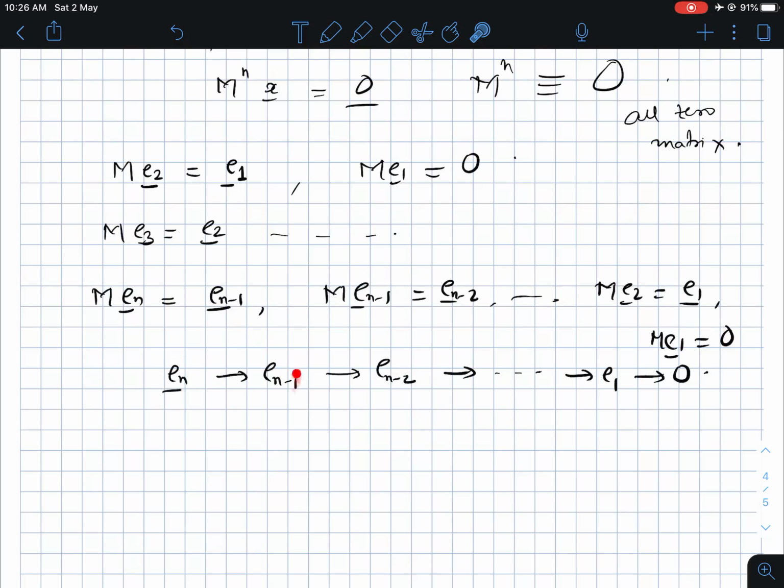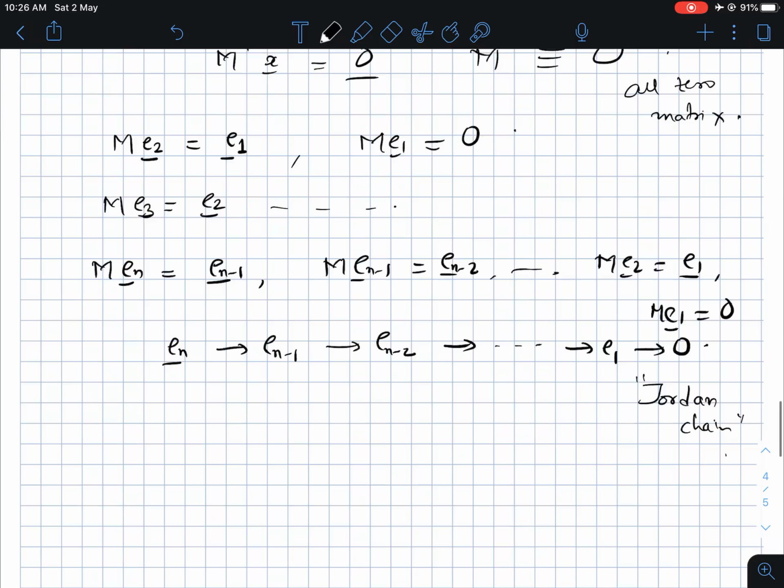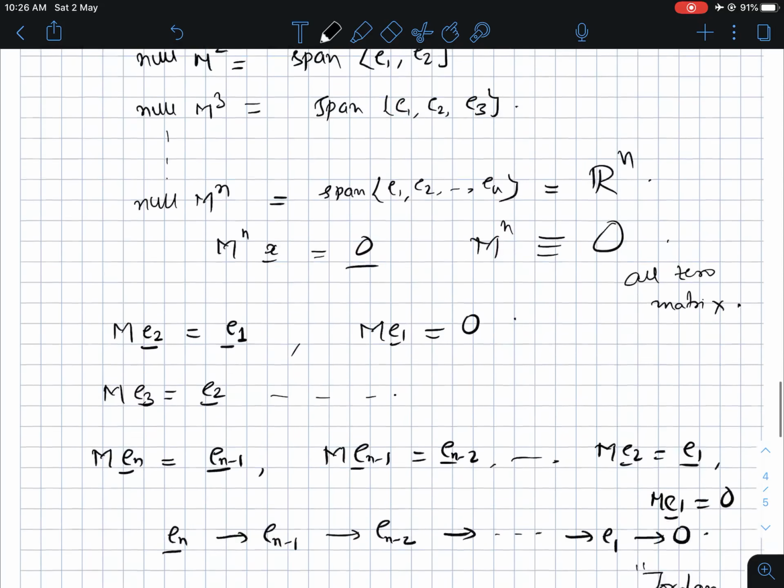If you do m of en minus 1, you get en minus 2. That's the shift operation in action, and ultimately m of e2 will give you e1, and when you do m of e1, you will get 0. This is called a chain, sometimes a Jordan chain, for reasons we'll see. It's called a Jordan chain because it describes the action of this m.